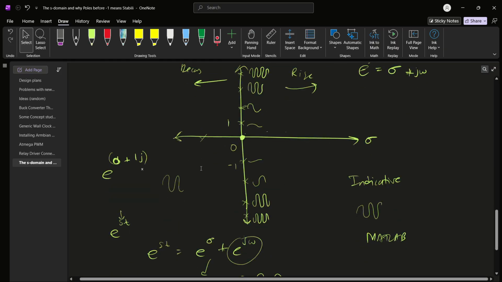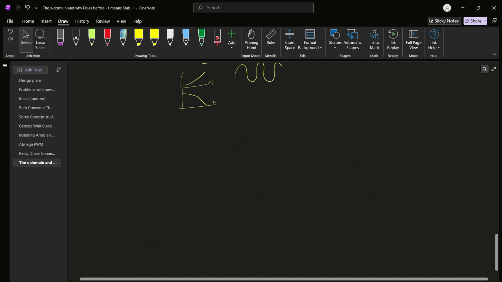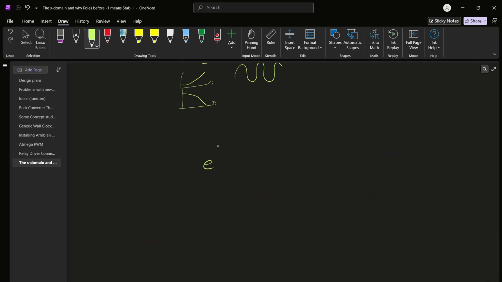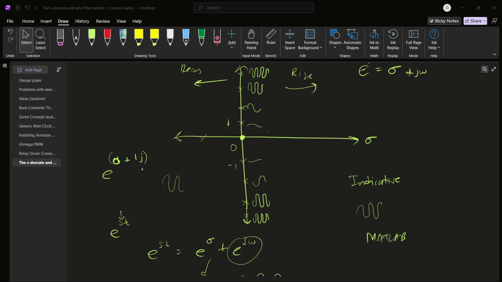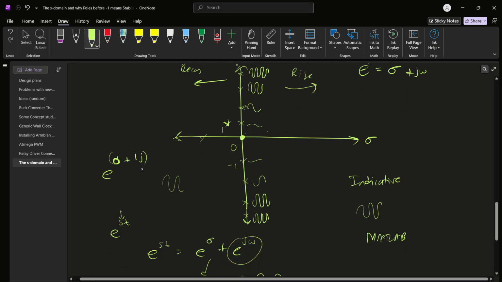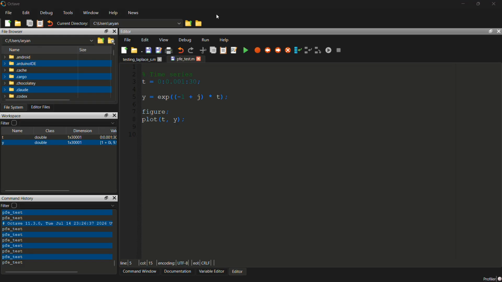So herein I will quickly write this expression in MATLAB. I'm defining a point somewhere around here, and I've added the changes here.